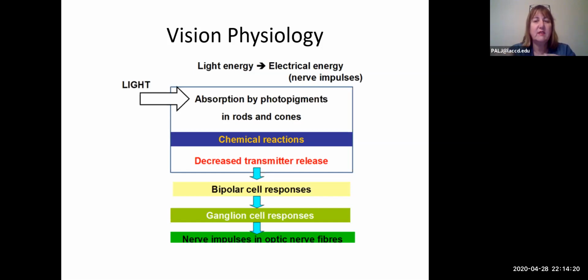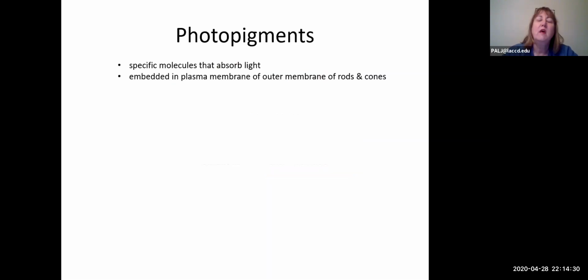But before we get into all those chemical reactions, we need to talk first about those photopigments that are going to absorb the light and what we mean by light energy to nerve impulses. So the photopigments, to refresh your memory, are specific molecules that absorb the light energy, and they're in the outer plasma membrane.